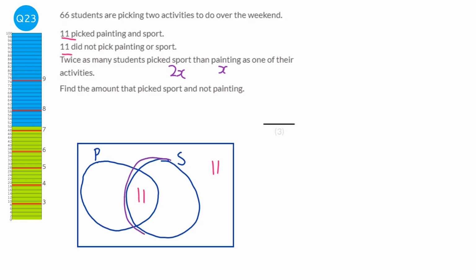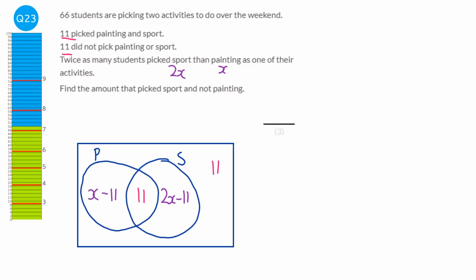But if you look, we've already got a number in the sport, that 11 there. So in algebra, this will be 2X, take away the 11 that we already know about. And the painting is the same. We know the whole thing is X. So what we're going to do is take away the bit we know there, which is the 11, and it will be X minus 11.